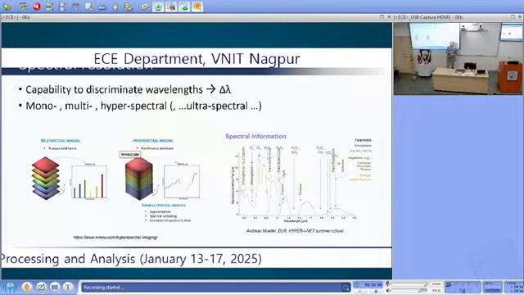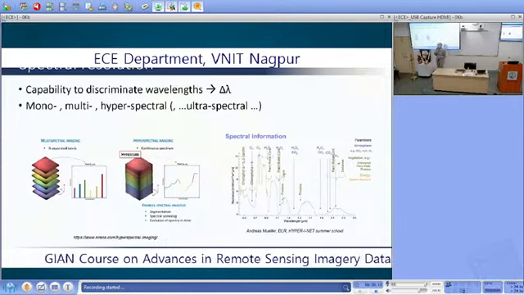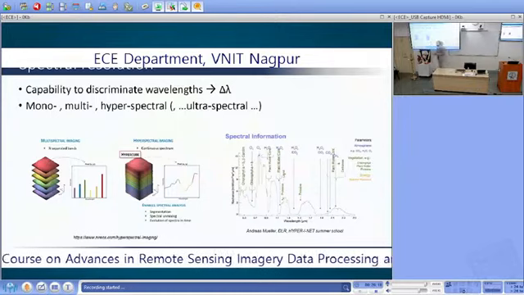To stick to the example of vegetation, multispectral data can let you identify vegetation for sure. But if you are interested in distinguishing various species at the same time with one single acquisition, then you will need hyperspectral data.